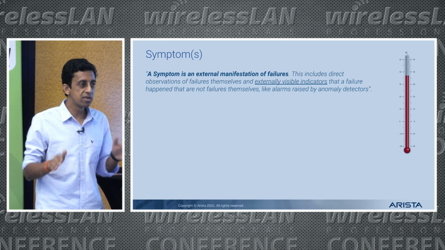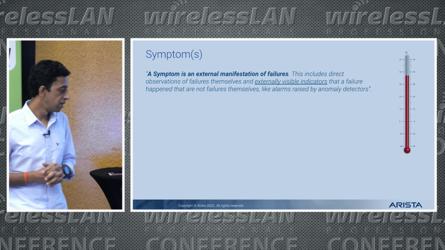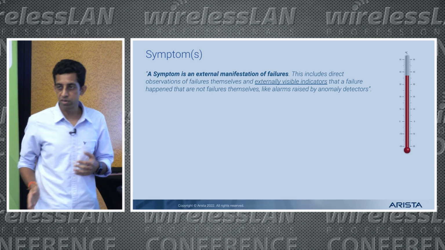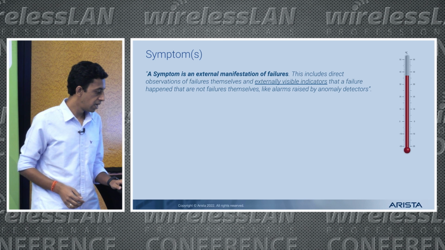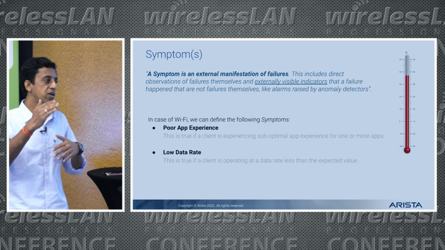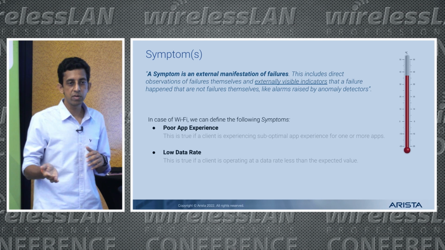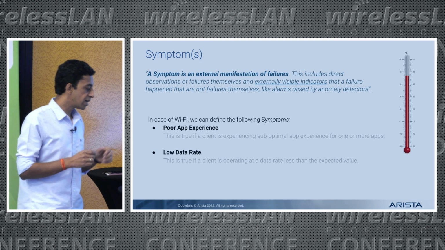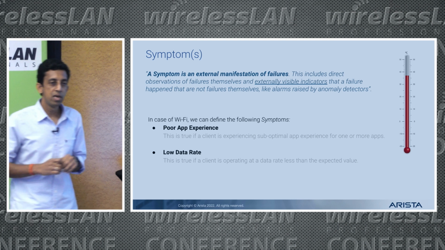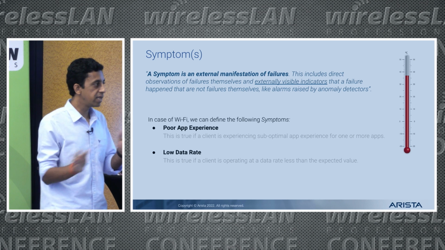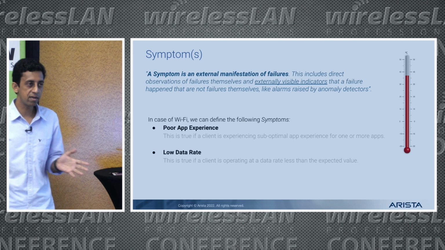Now there can be 1,000 reasons why you have fever, but it's an external thing that I can measure, that I have a fever, right? So in case of Wi-Fi, at a top level, you can say there are two symptoms that you can focus on. One is poor application experience, and the other one is low data rate, right? So what we really care about is that the application experience on any given client should be great, right?